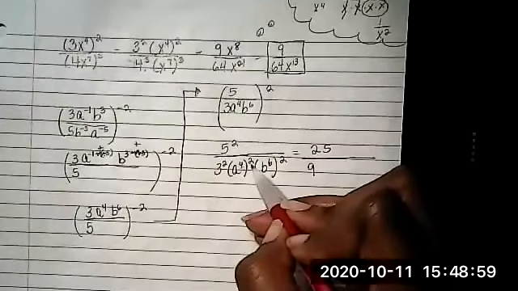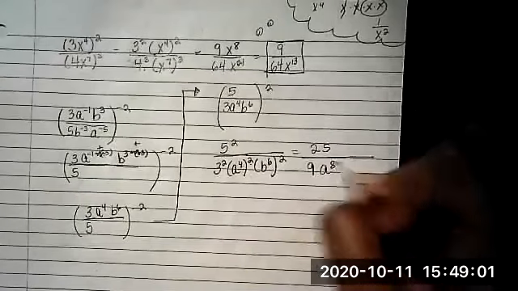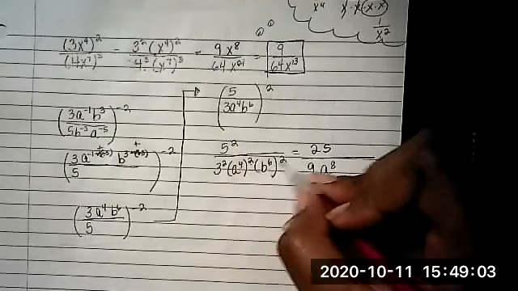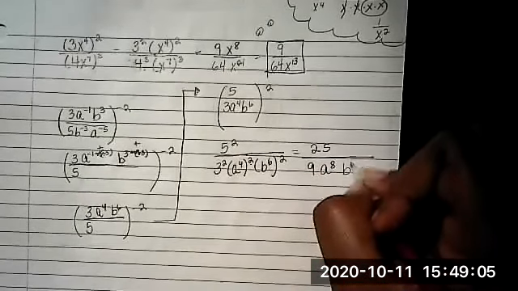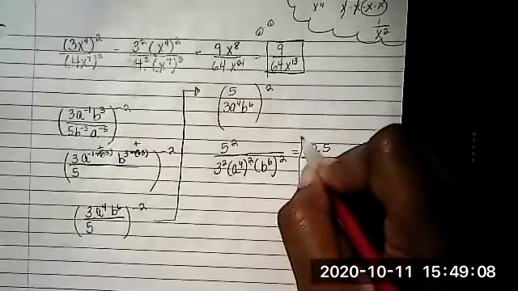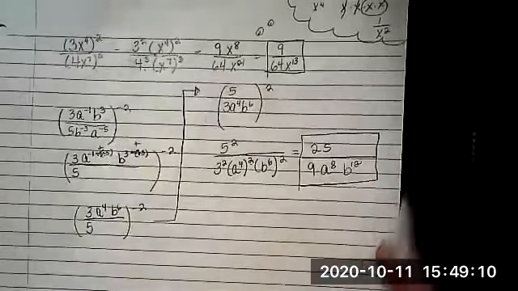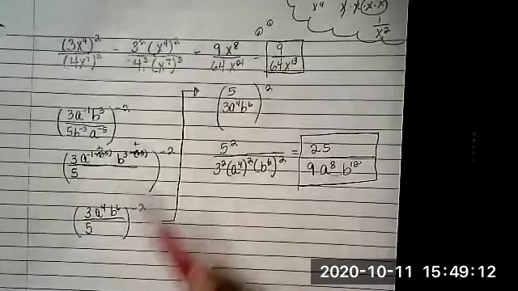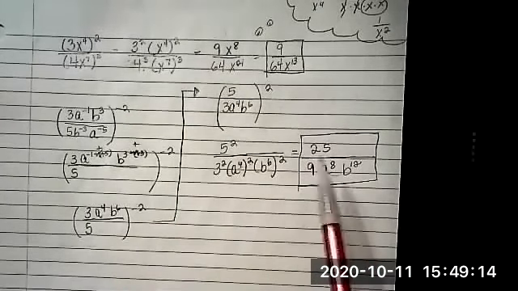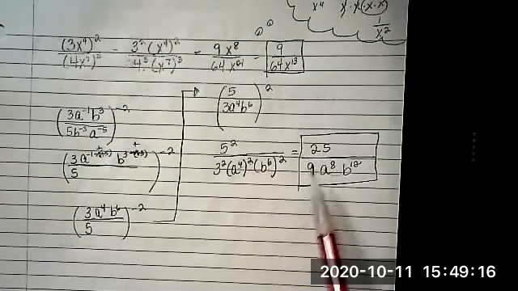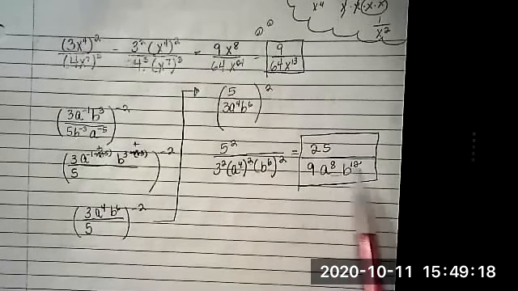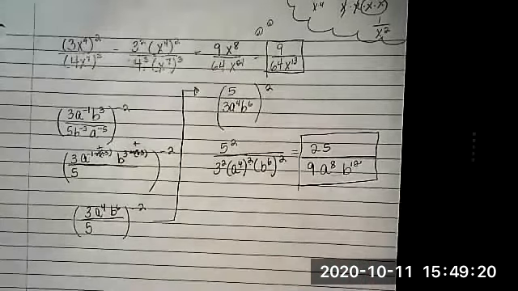Now multiply 4 times 2 is 8, a to the 8th power, and then multiply 6 times 2, and that becomes b to the 12th. Okay, so this is my answer. But I had to have ample room. So good. I can't simplify here. Doesn't look like it. And they're all positive exponents, so that's fine. Okay.